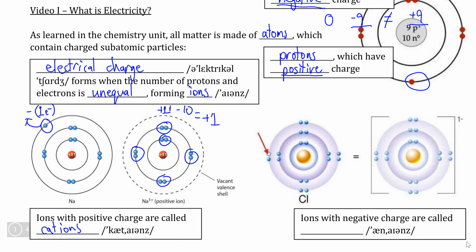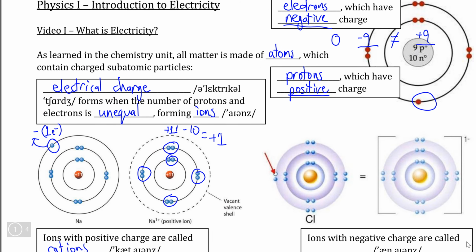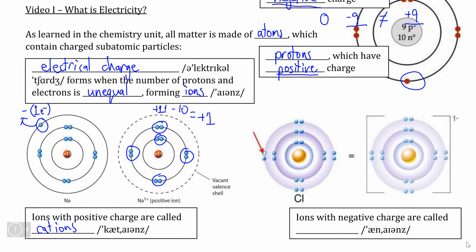Now, one question is, when sodium loses its electron, where does it actually go? Well, as it turns out, sodium, instead of just making this electron disappear, can actually transfer this electron to other elements like chlorine. Because if we look at chlorine's valence shell, it has 7 valence electrons, and if it wants to form an ion with a full outer shell, it needs to add 1 electron to its valence shell.